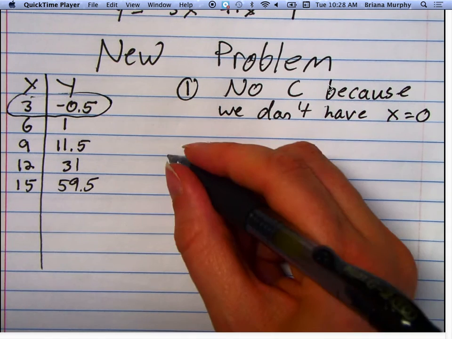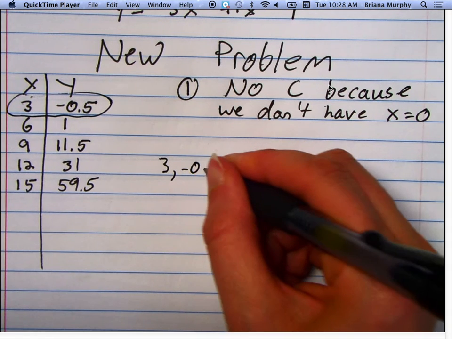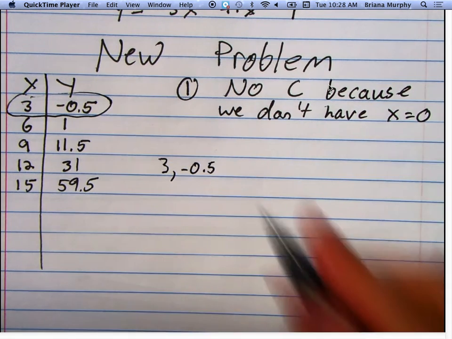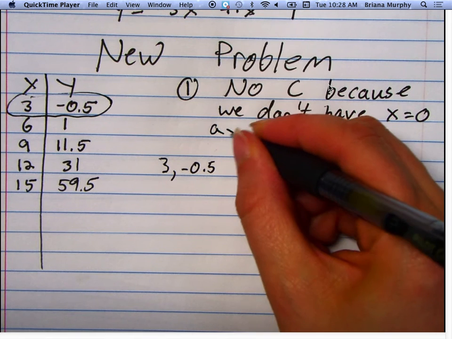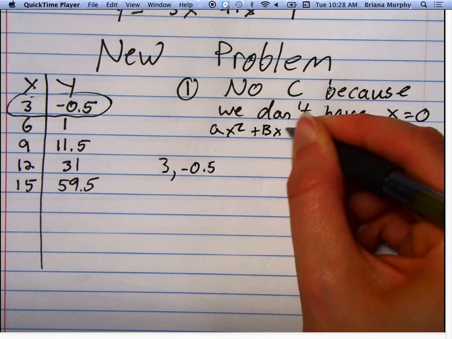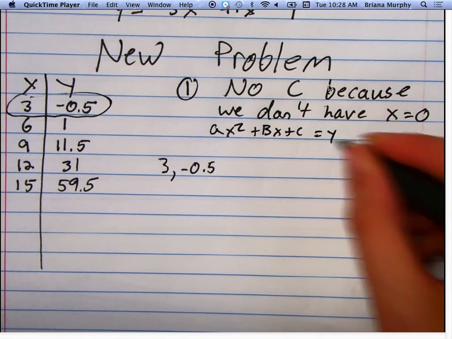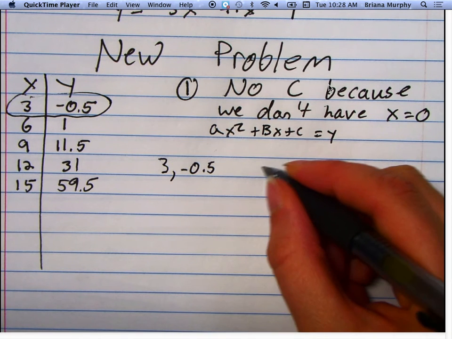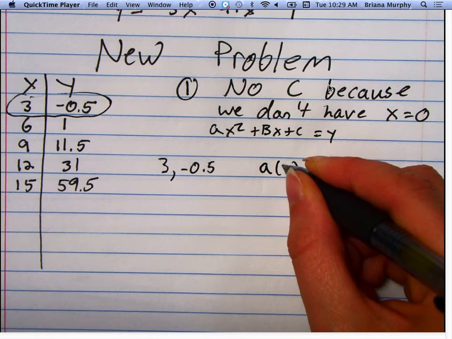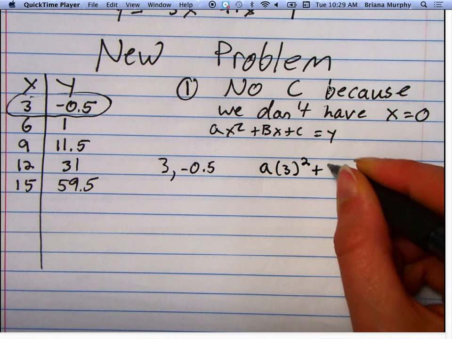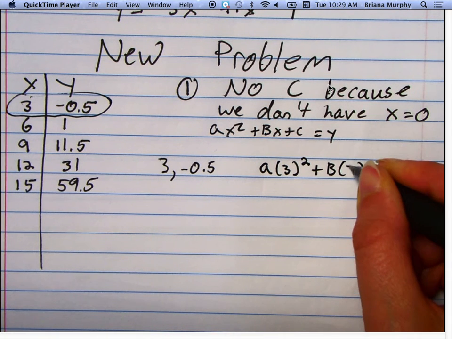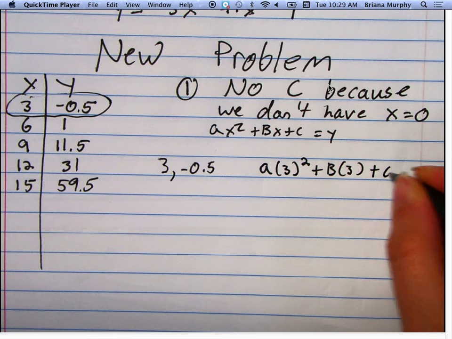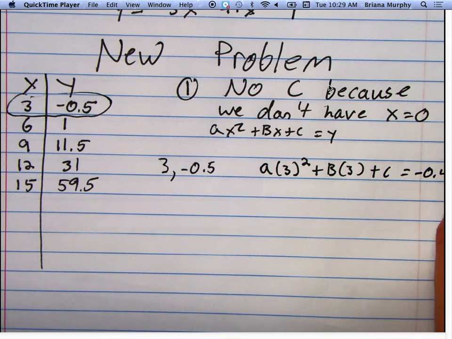So I'm plugging in 3 and negative 0.5 into ax squared plus bx plus c equals y. Okay, so that is A times 3 squared plus B times 3 plus C equals negative 0.5.